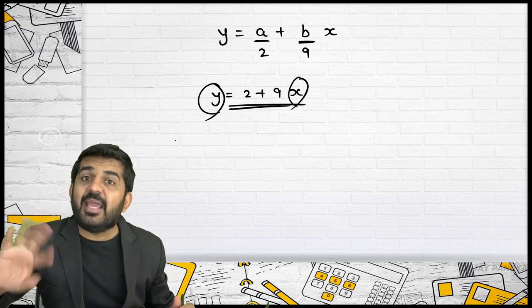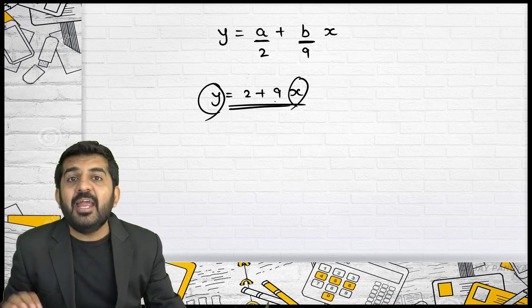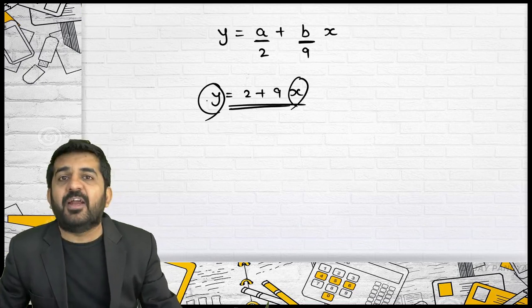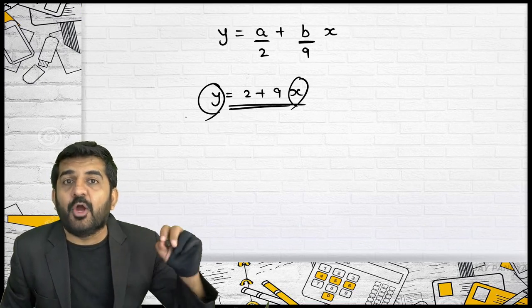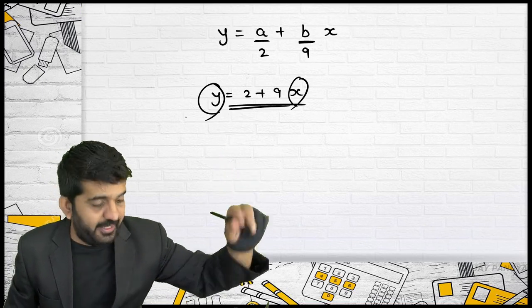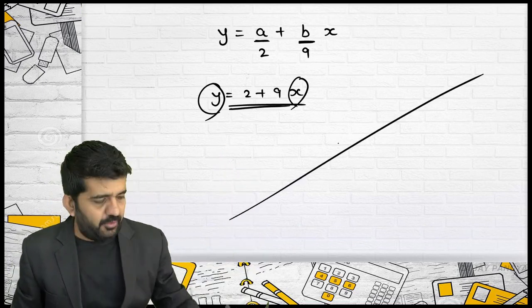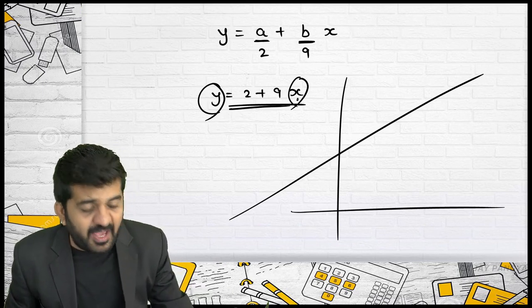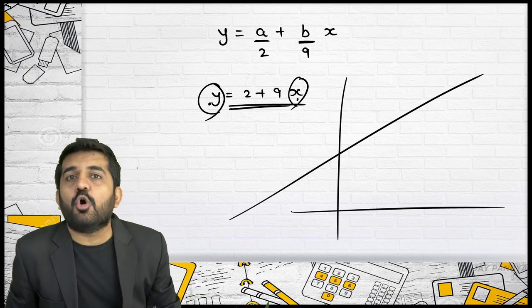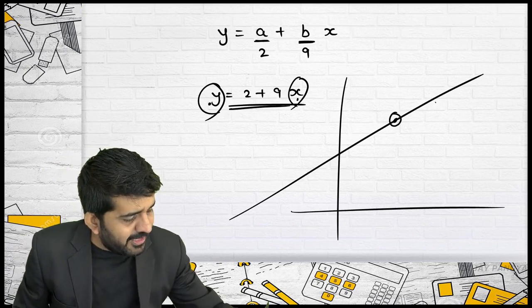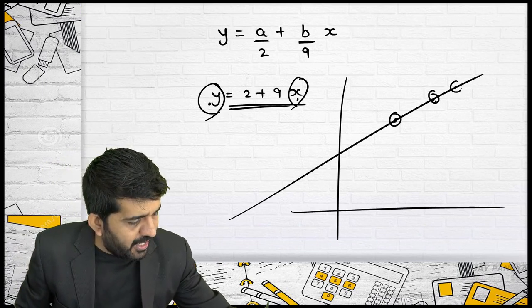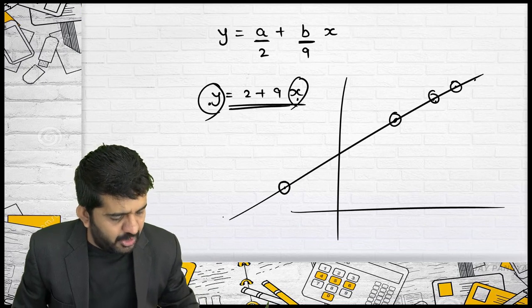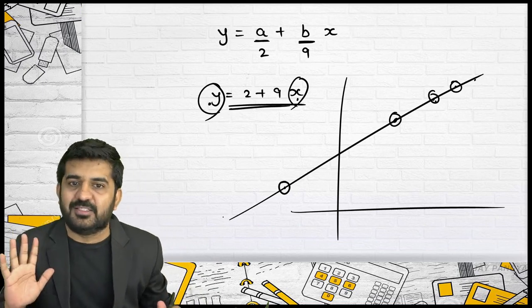It can be any value of x and y. Any value of x you take, find out the value of y, that point will lie on that particular line. So this is a line on the graph. Any value of x, you find the corresponding y. Those points will lie on this line.